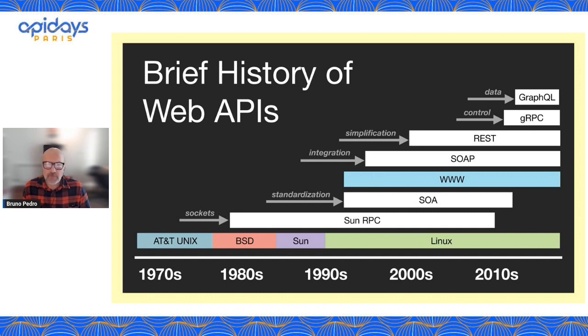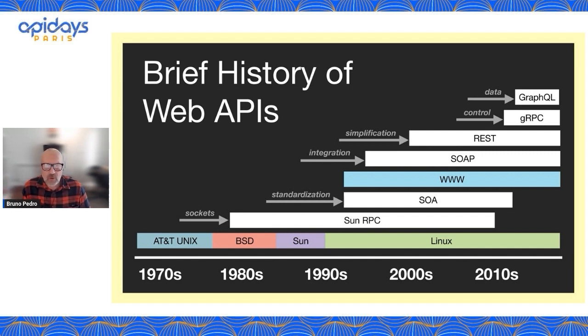From there, a concept emerged called SOA, the service-oriented architecture. The goal of SOA was to standardize the way people were doing these remote procedure calls and the way different people were integrating these local applications with other remote ones.